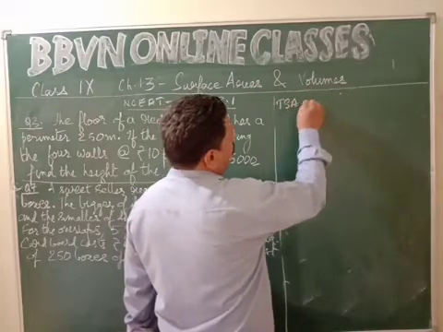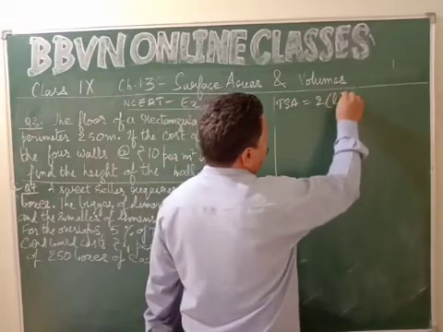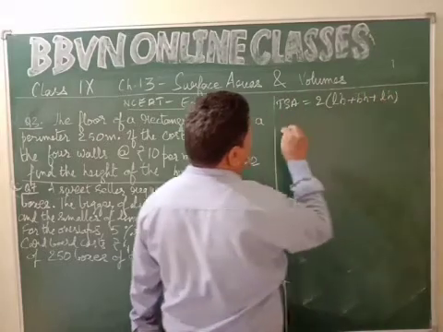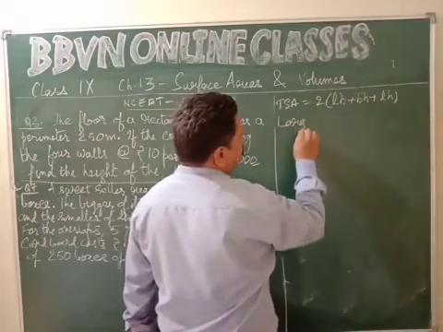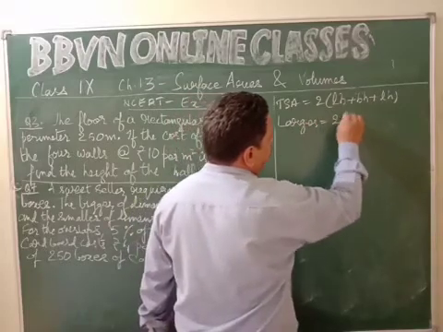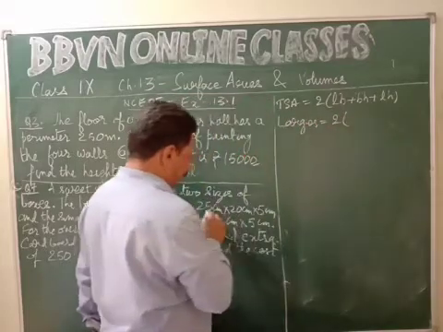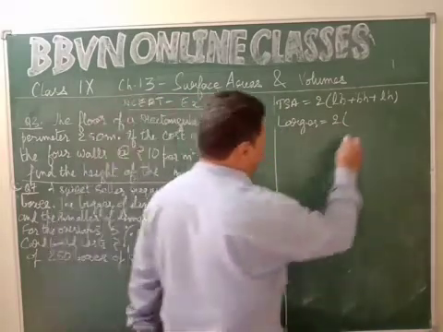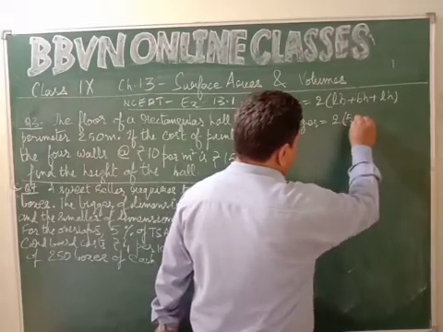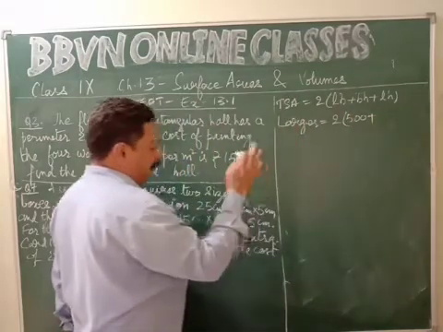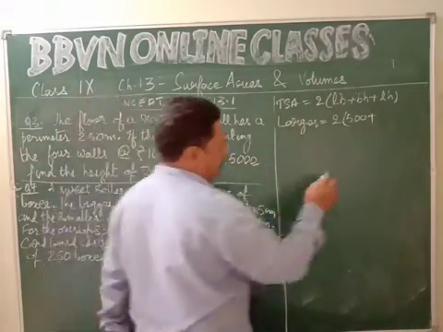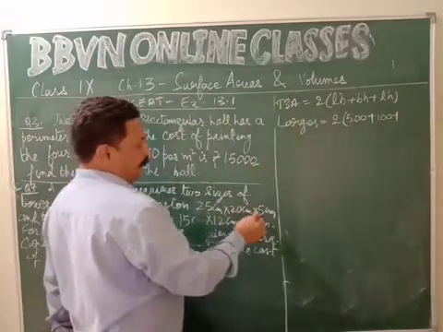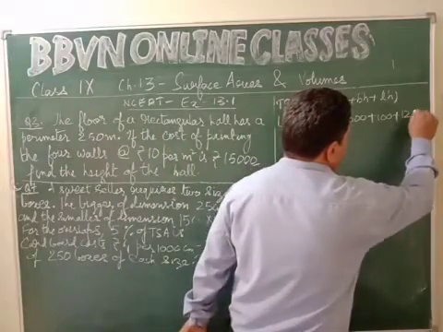Total surface area of a cuboid, we know it is 2 into (LB plus BH plus LH). For the larger box, it will be 2 times L into B, 25 into 20, that is 500, plus B into H, 20 into 5, that is 100, plus L into H, 25 into 5, that is 125.